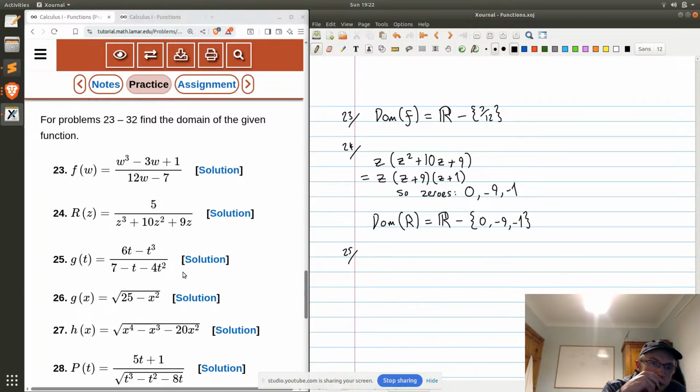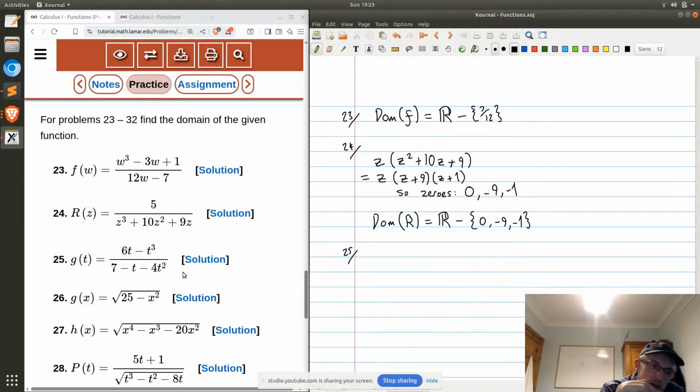So b squared minus 4ac, so that'll be 1 plus 16 times 7. 16 times 7 is, I'm not sure why I'm faltering on this, 112.